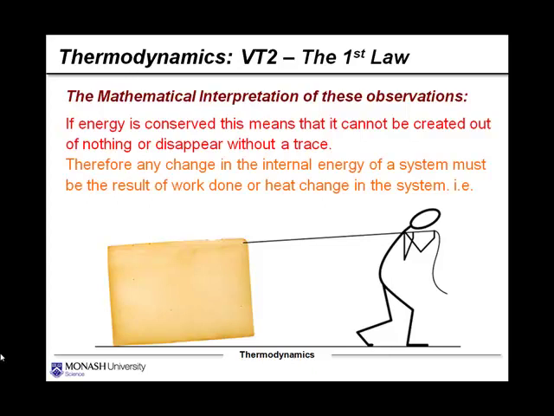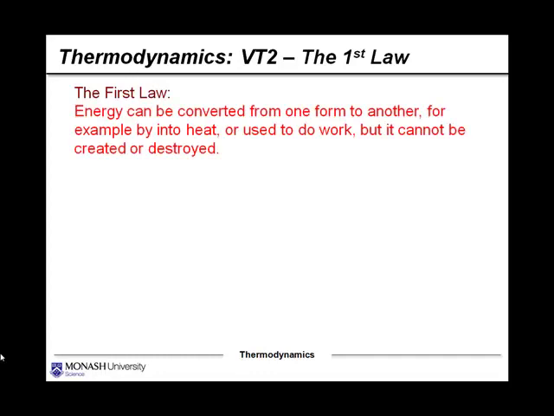Therefore, any change in the internal energy of a system must be the result of work done or heat change in the system. So we're going to call the internal energy U, and therefore delta U is equal to Q plus W, whether there's been any change in Q or any work done on the system. So there's a mathematical expression for the first law of thermodynamics.